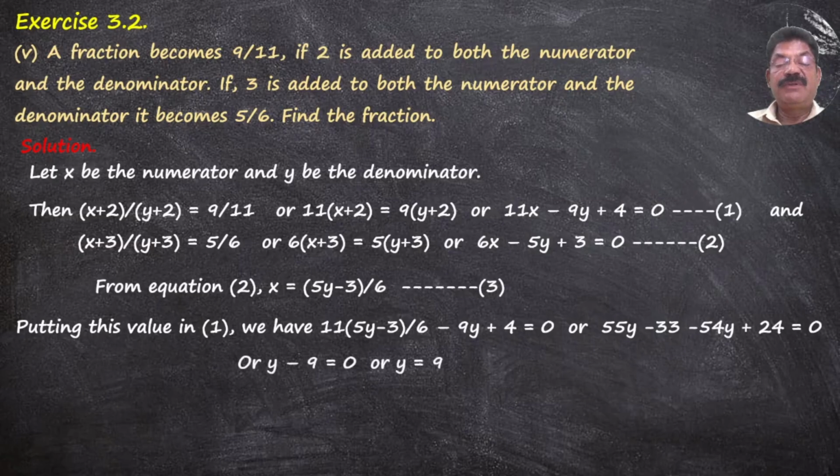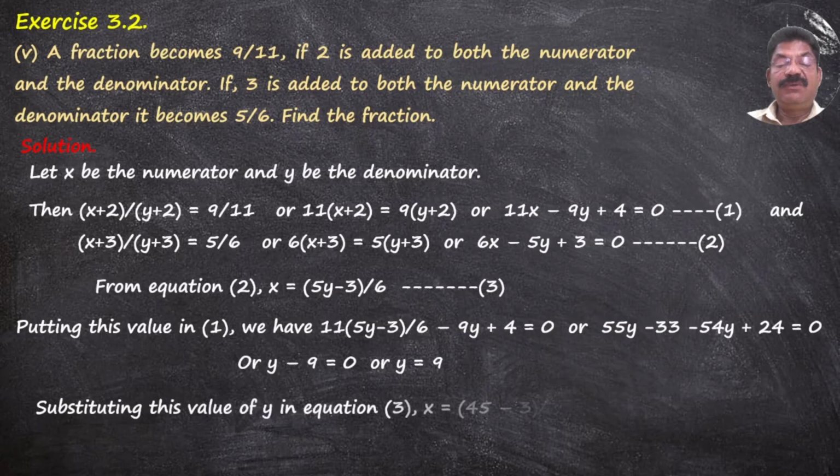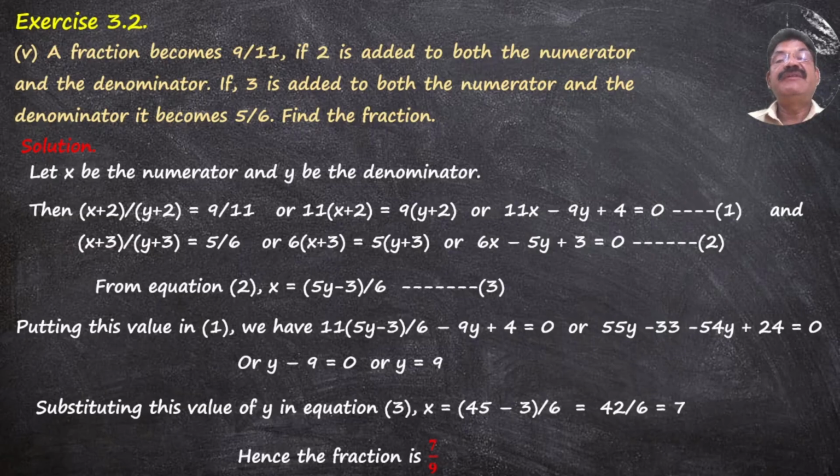When you simplify, you get y is equal to 9. We can put this value in equation 3 to get the value of x. So when you put y is equal to 9 in equation 3, you get x is equal to 45 minus 3 divided by 6, which is equal to 42 divided by 6, which is equal to 7. Hence, the fraction is 7 divided by 9. You can easily verify this also.